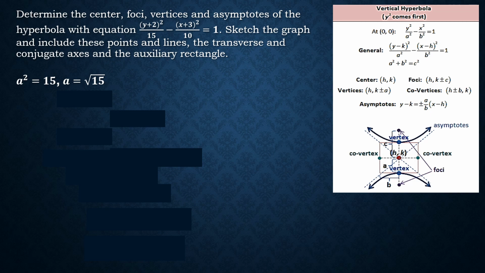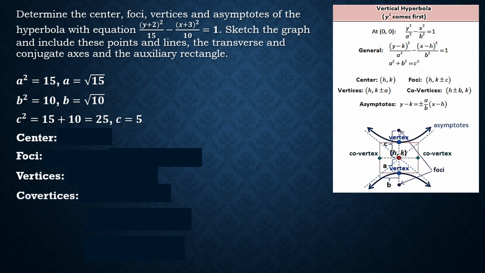B squared is equal to 10, and b is equal to square root of 10. Now, the value of c here is, so we have 15 plus 10 equals 25, so c is equal to 5. Now, using these values, you can identify the other coordinates or the parts of the hyperbola.